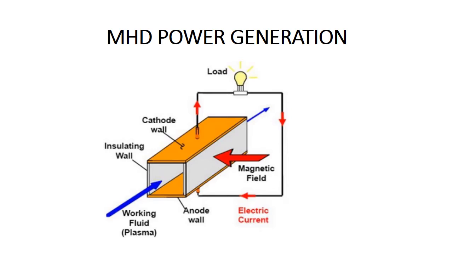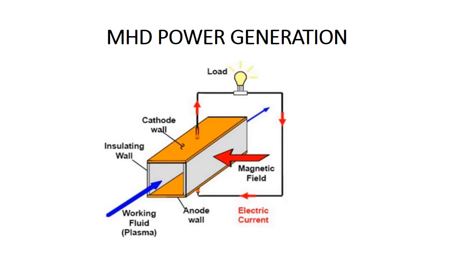When this ionized gas passes between the magnetic fields, the outermost electrons of the working fluid get released out of the outermost shell. This flow of electrons causes an electric current to be produced.